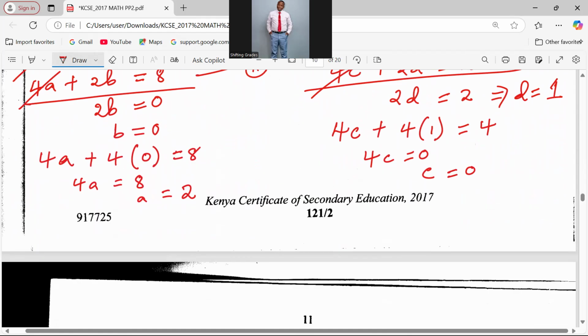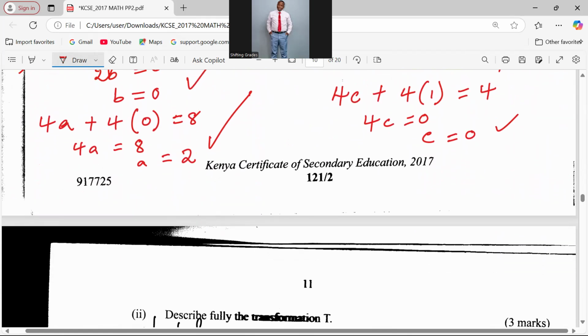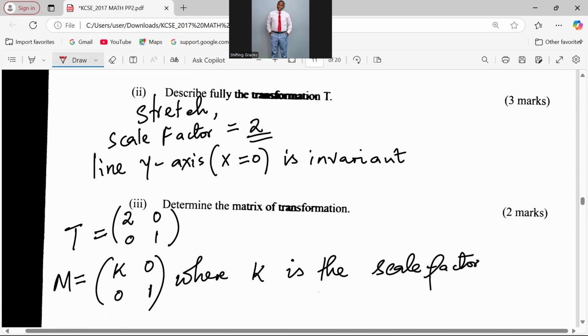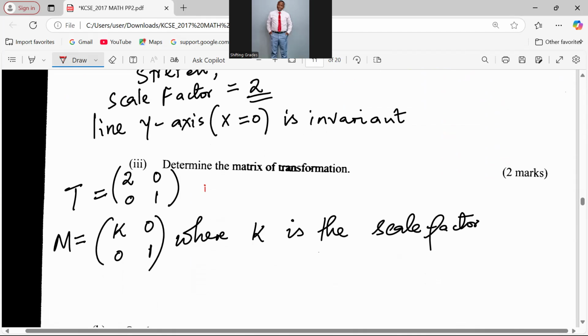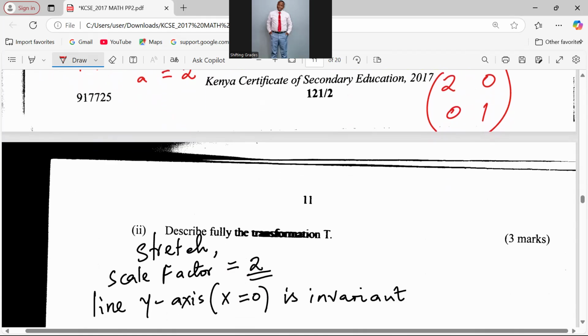Therefore, with those values, we can see A is 2 and B is 0, D is 1 and C is 0. So we can now combine that matrix and have 2, 0, 0, 1, just like the way we have done it here directly. So a student can still follow such a working.